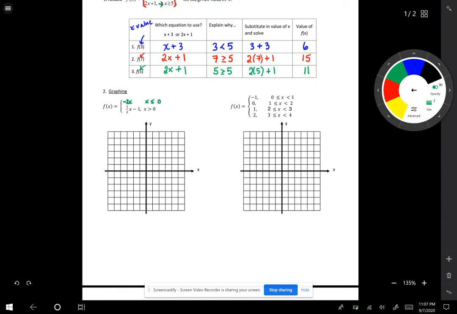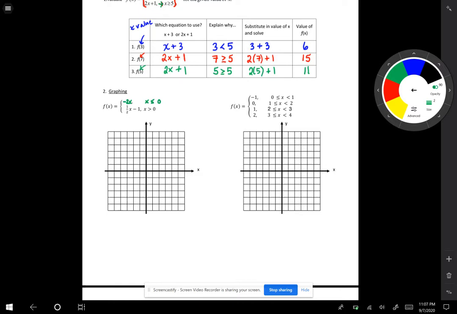So anytime x is 0 or anything negative, you would use the top equation. Anytime x is bigger than 0, but not including 0, so even if you have x to be a 1/2 or a 1/3, all of those numbers are bigger than 0, you would use the bottom equation.